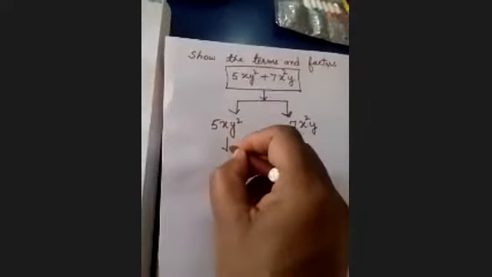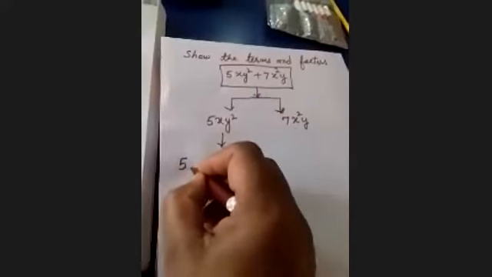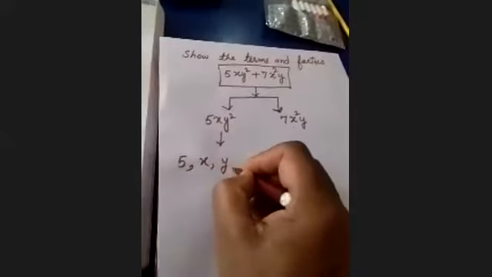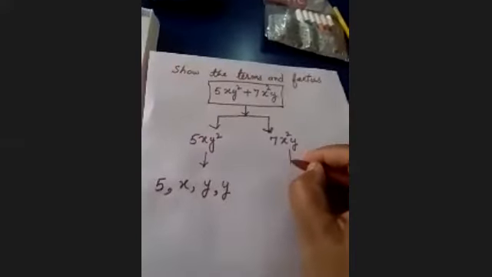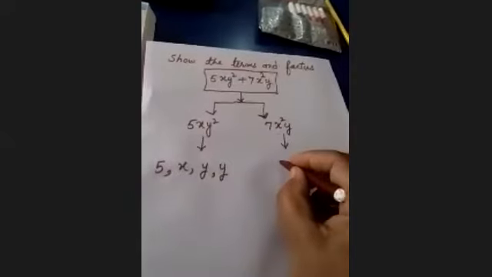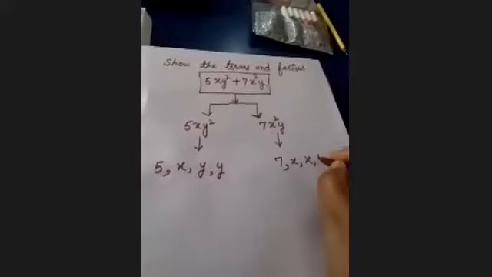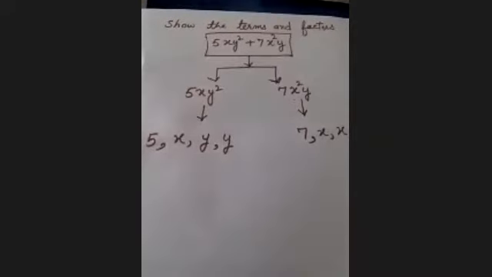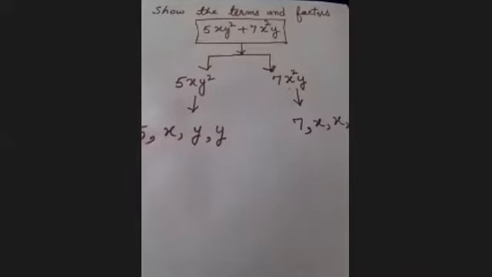In the first term, we have factors 5, x, y, y. And in the second term, we have factors 7, x, x and y. So these are factors and terms of this algebraic expression.